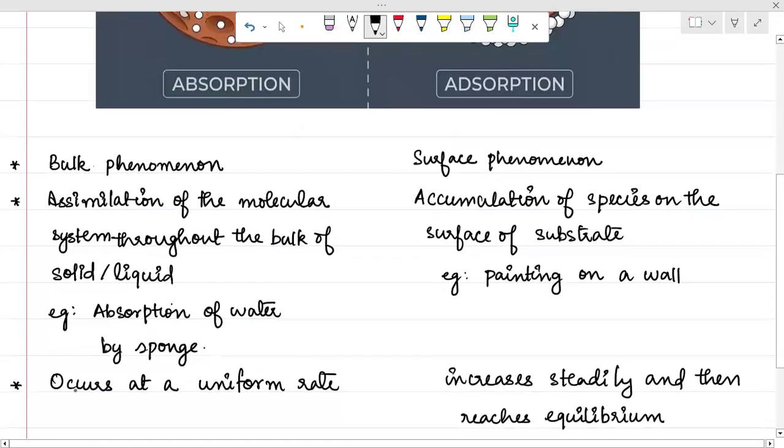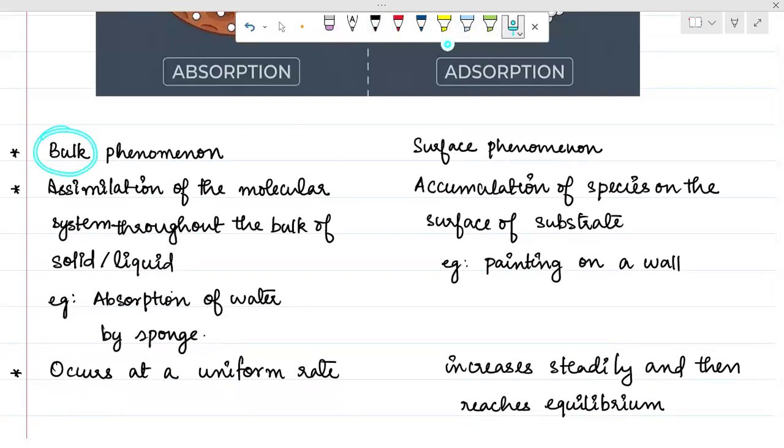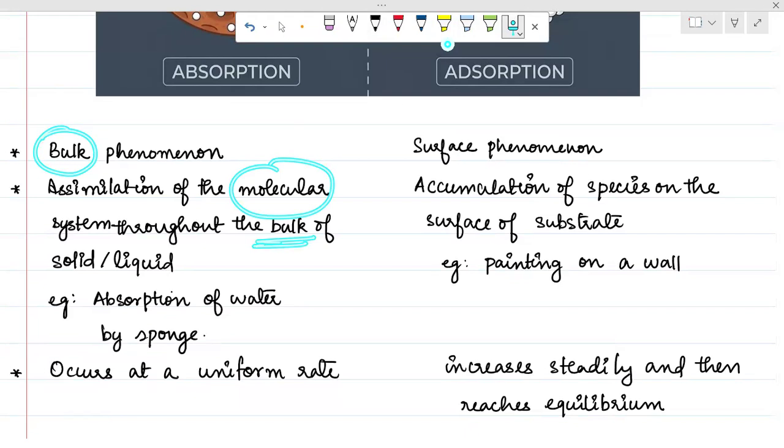All right, so this is about absorption versus adsorption. Very easy. Absorption is a bulk phenomenon wherein a system of molecules enters into the bulk, for example when you dip a sponge into water, and it happens at a uniform rate. But adsorption is a surface phenomenon, for example painting on a wall.